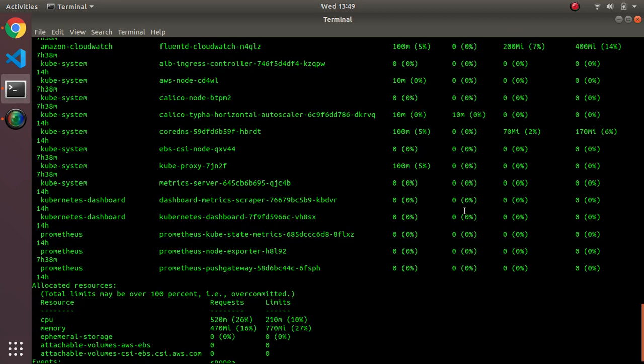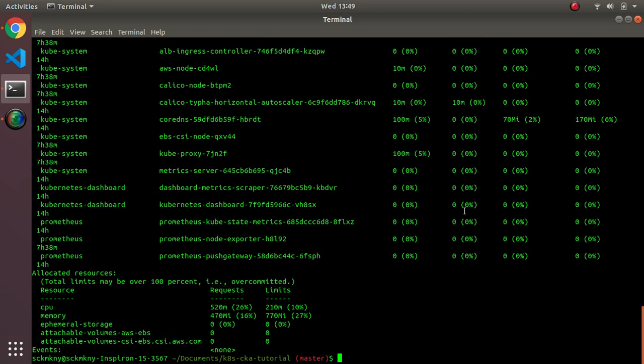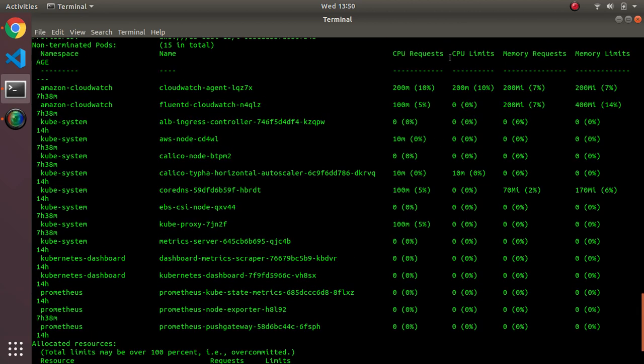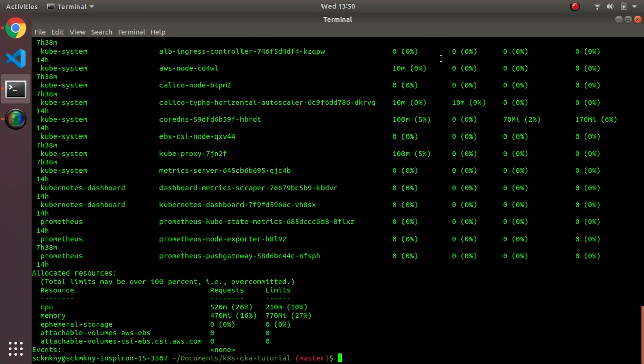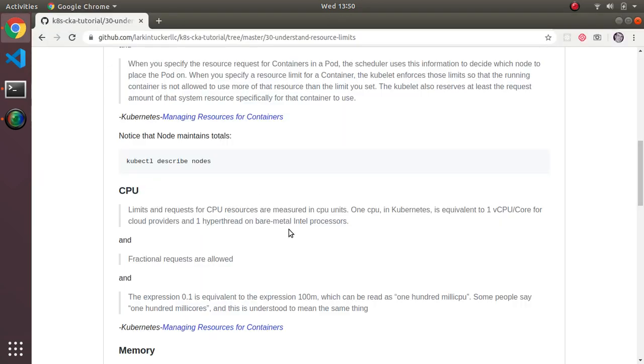Either way, that's the summary of how these come together. The containers roll up into pods, then all the pods roll up into a total for the node. And then the scheduler decides, based on the available requests, whether or not it can schedule a pod. Okay, I think we'll go to an example. This will become more clear.